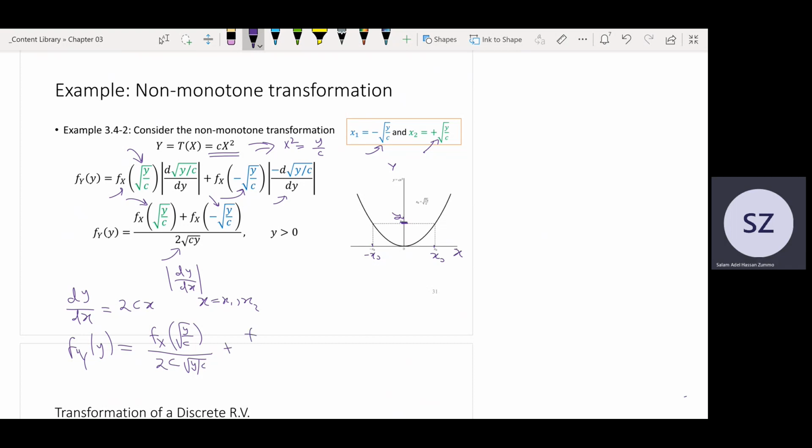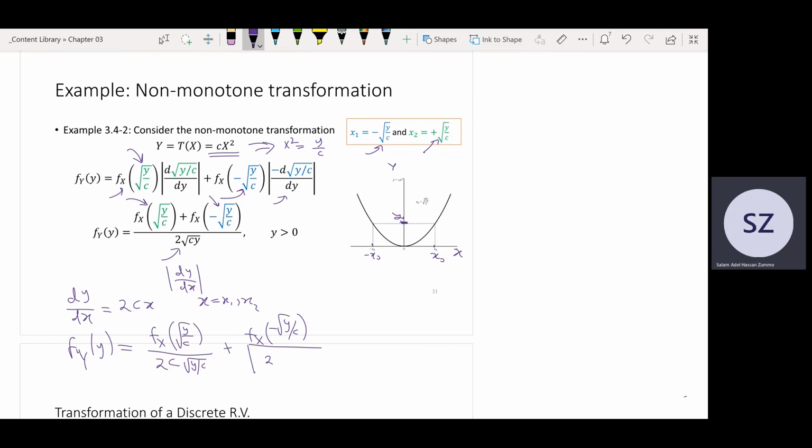So it's 2c multiplied by the square root of y over c, plus fx of x2, which is minus the square root of y over c, divided by the derivative evaluated at the second zero, which is minus 2c times the square root of y over c. However, we take the absolute value, right?